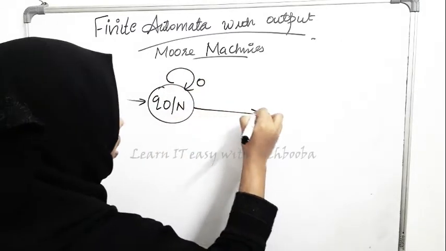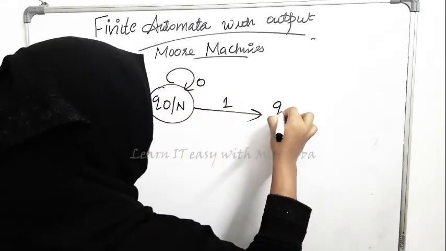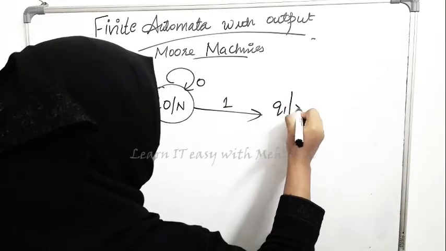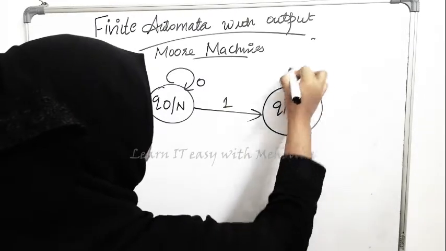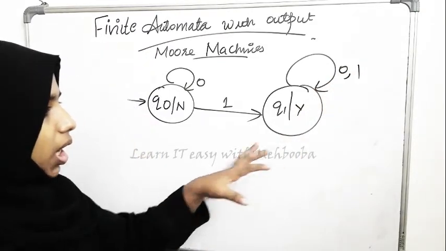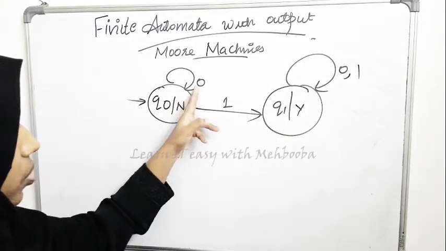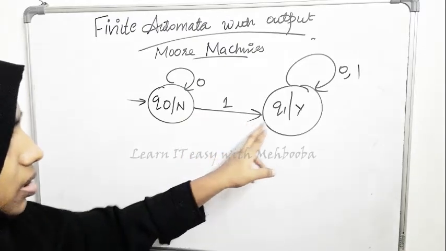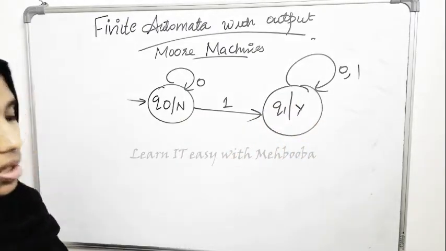If you are having a 1, you can reach a state wherein it says yes. So if more zeros and ones come, you can still be at this state yes. So 0 is defined in the state, 1 is defined in the state, 0 is defined in the state, 1 is defined in the state.